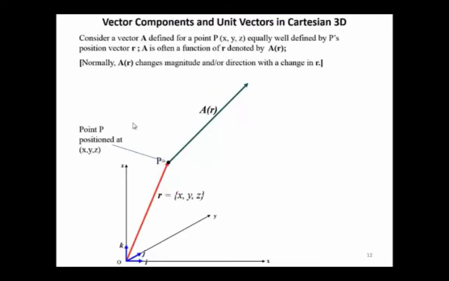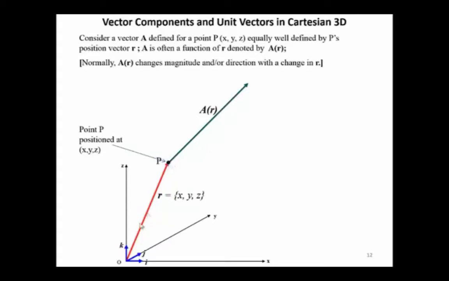There's one thing that I want to make clear, is that these vectors can move around. They don't have to start at the origin. And that's what we did when we used the geometric argument for how to add vectors. We were able to move them around and put them where we wish. The vector is defined in terms of its magnitude and its direction, not from what point it starts at.